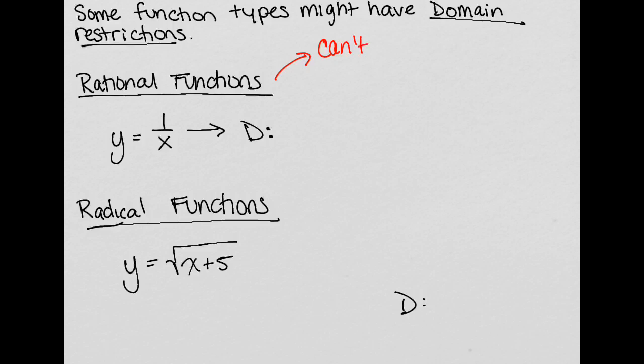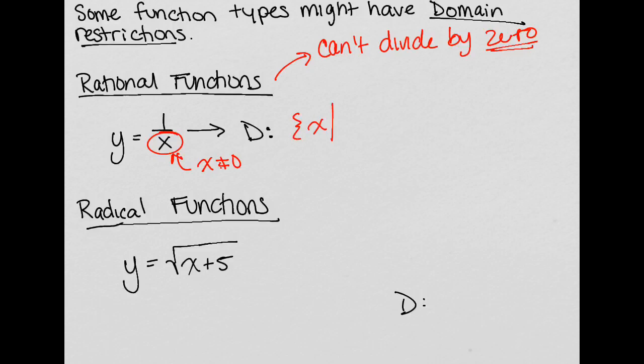We can't divide by 0. So we have to see if there are any values of x that would make any denominator equal to 0. If it was more complicated than this, we would set up an equation and solve, but this one's pretty straightforward. If x was 0, we would have an undefined function here. So for the domain, we just have to say that x exists, all is good, as long as x is not equal to 0.